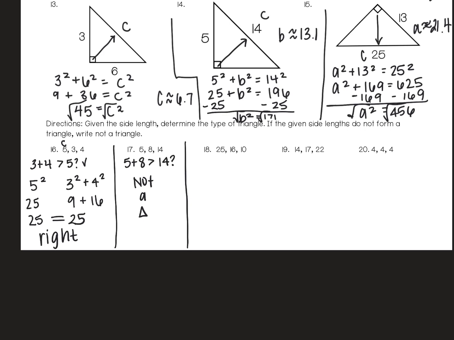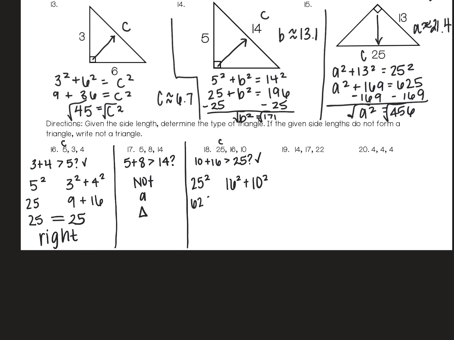For 18, I'm going to repeat that process. So I'm going to add 10 and 16 because they're the smaller sides. I want to double check, is it truly greater than 25? The answer is yes, so it is a triangle. After I confirm it's a triangle, I take c, which is the biggest side, and I square it. I leave a space. I add a squared plus b squared together.